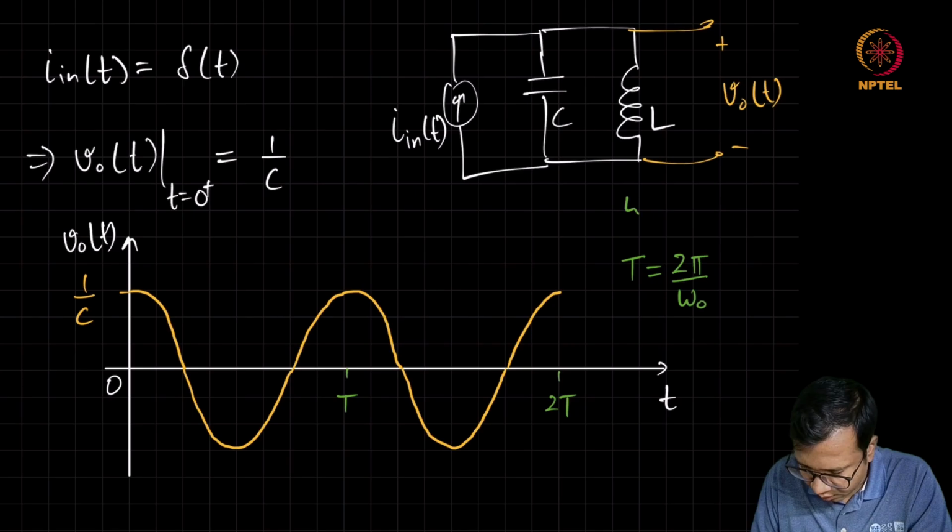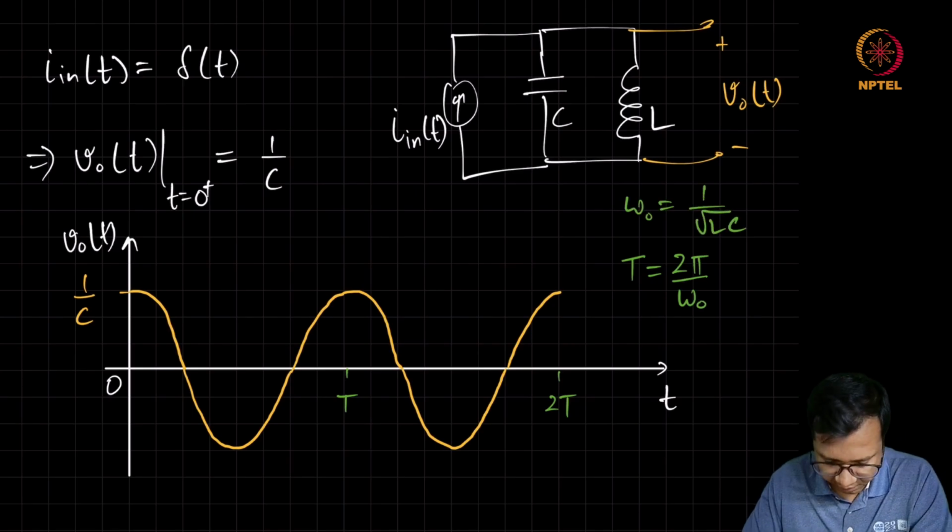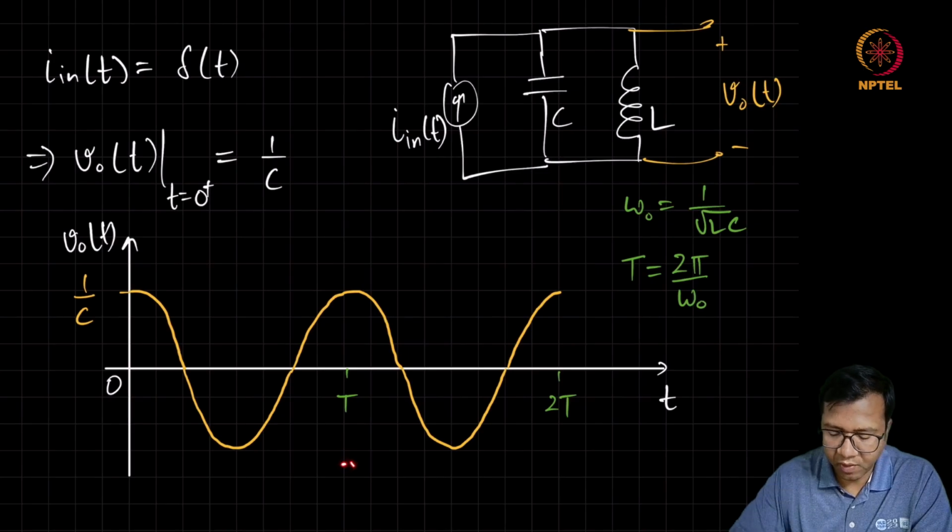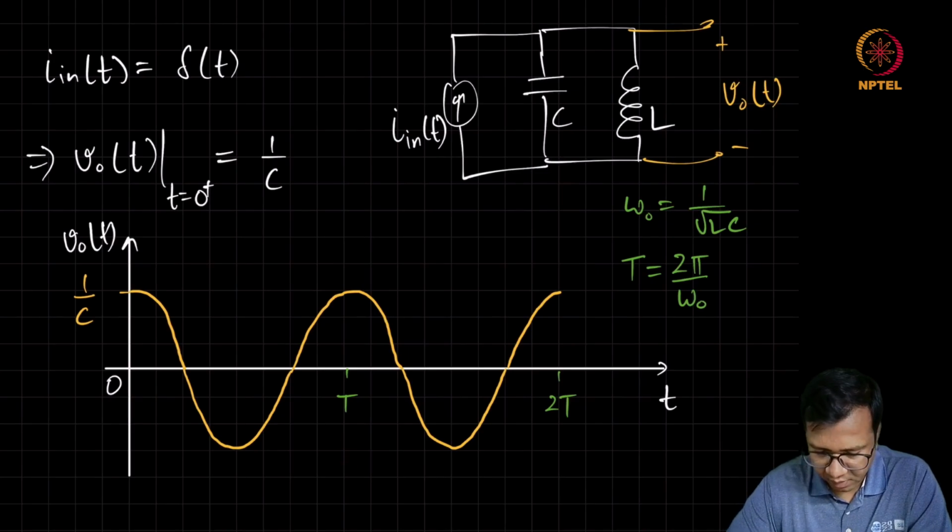Omega naught is equal to 1 by root over LC. So this is the same situation which we had just discussed earlier.